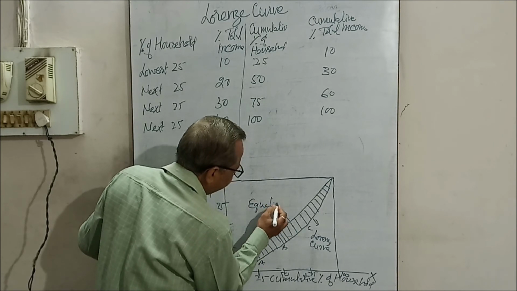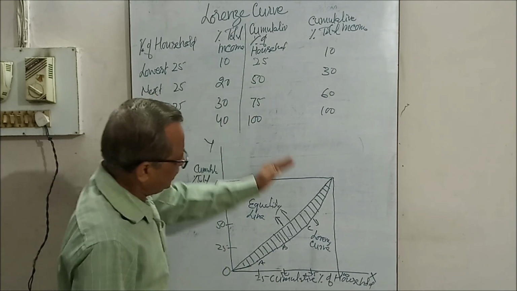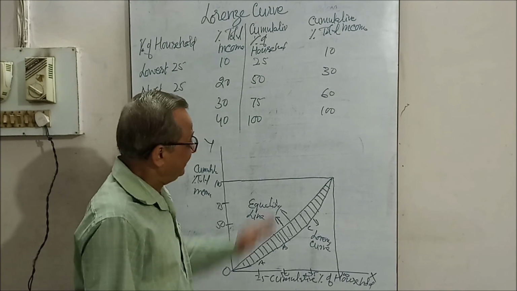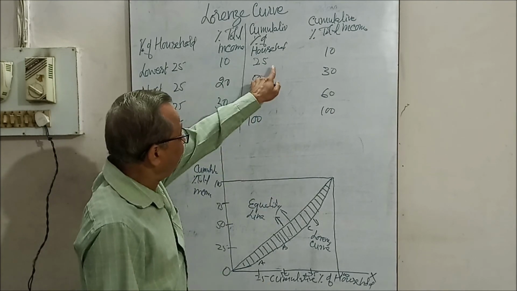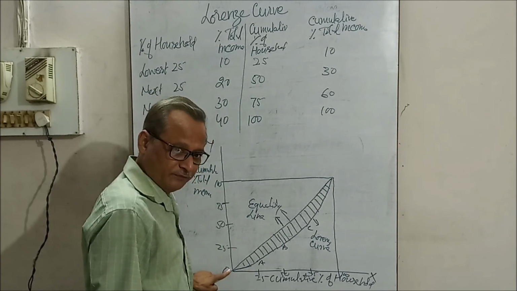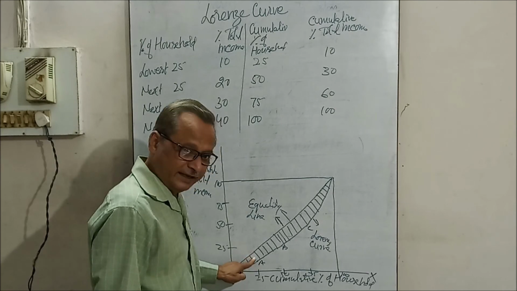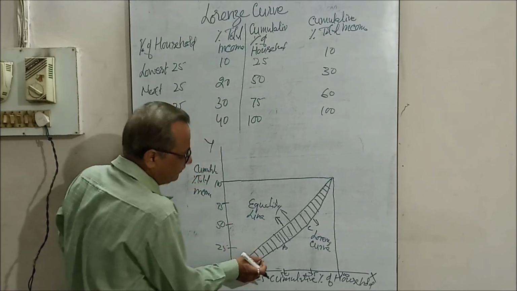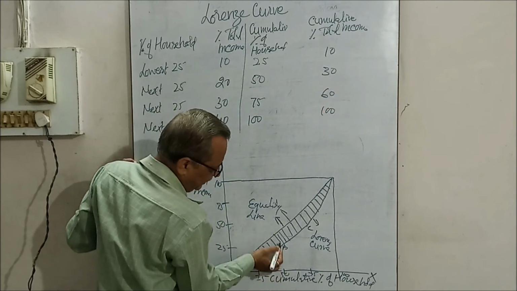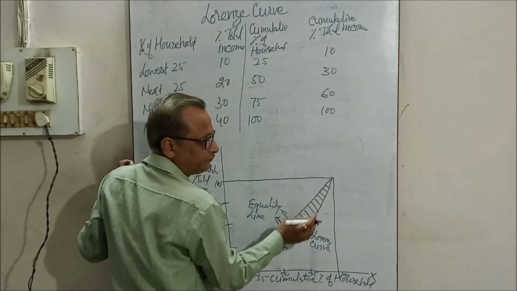Equality means everything is constant, so it will divide into equal portions. But this is not the case. 25% of households are getting 10% income, starting from zero. This is the discrepancy or variation. Now at 50%, only 30. The deviation increased, and after that it is reducing gradually.